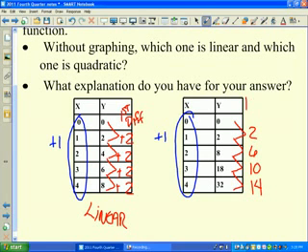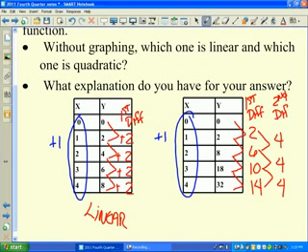Whereas in the second one, in the first difference, I get 2, 6, 10, 14. In order for me to figure out that it's quadratic, I need to take the difference of the differences. The difference of 2 and 6 is 4, the difference of 6 and 10 is 4, and the difference of 10 and 14 is also 4. So my second difference is where I see my constant.